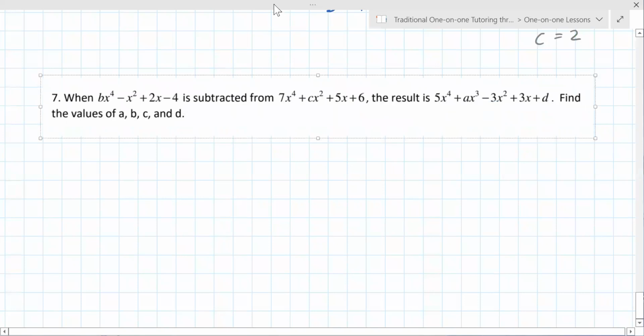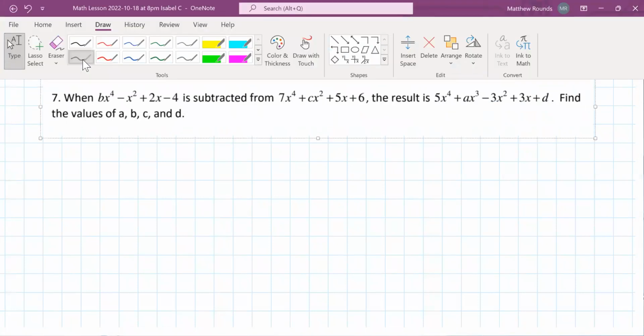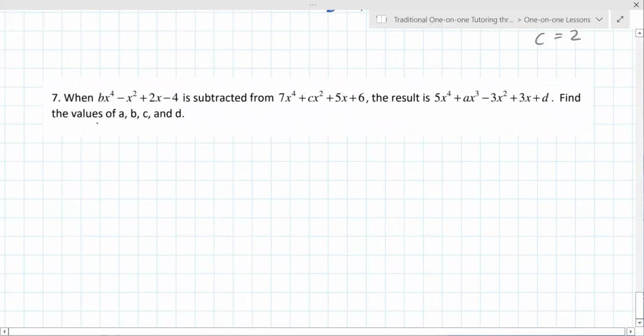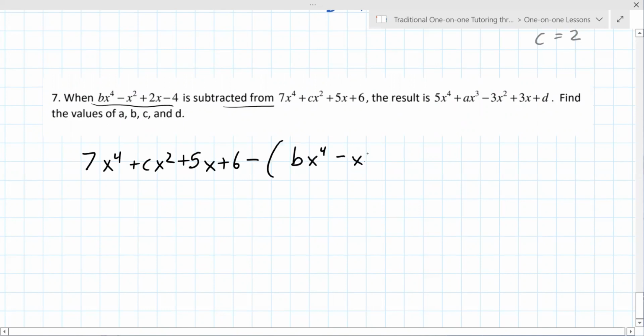So 7 is a difference problem. Now this is always the awkwardness of the English language. It says when this first thing is subtracted from, so you have to start with the from: 7x to the 4th plus cx squared plus 5x plus 6, and subtract bx to the 4th minus x squared plus 2x minus 4.